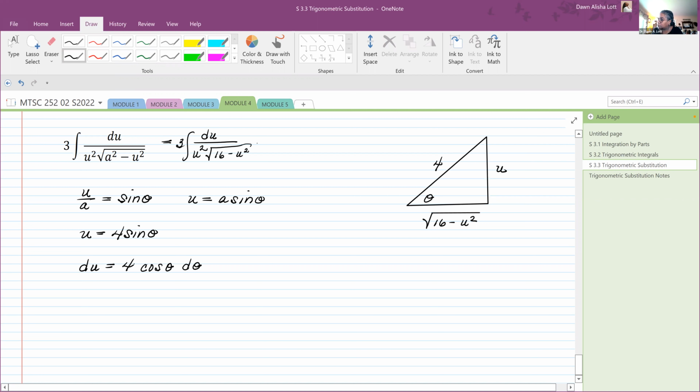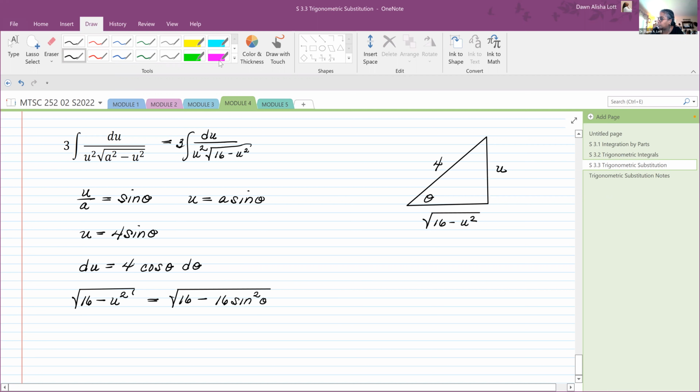So I need the square root of 16 minus u squared, which is the square root of 16 minus 16 sine squared theta.